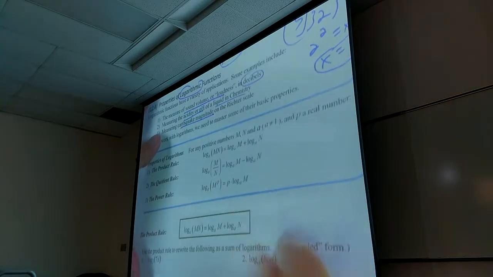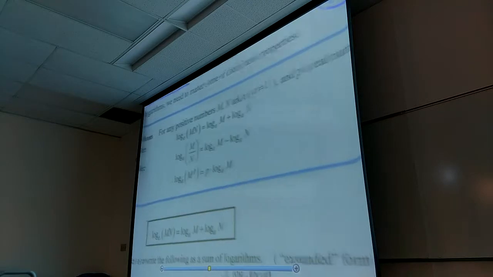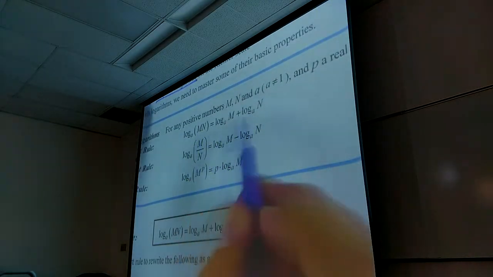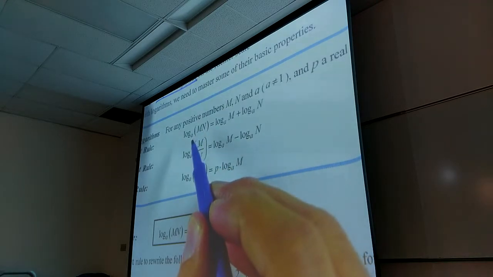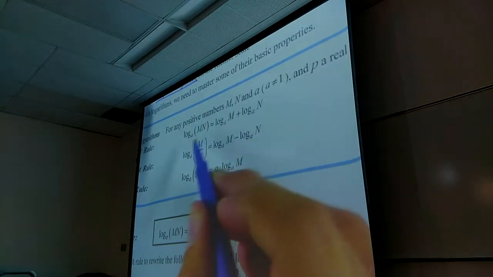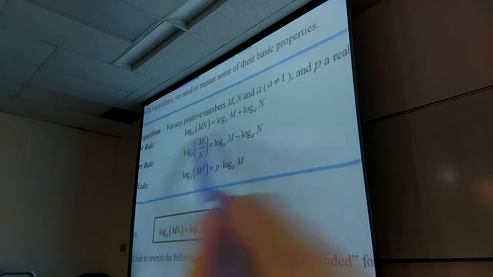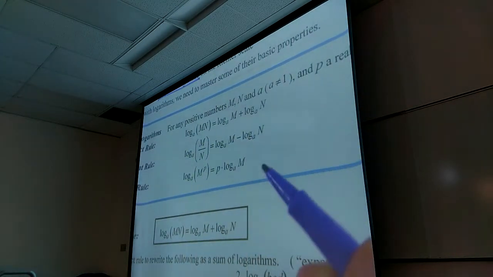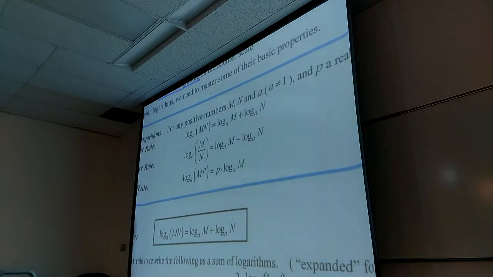Let's see. So right here, let me try to break these things down, and I'll give some concrete examples, because on the surface, this looks like a bunch of symbols. Now watch this. What's the base on everything in this first statement here? A is the base. And what does a log represent? Always. What's the answer to a log represent?